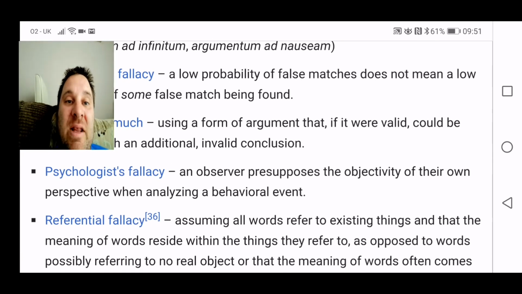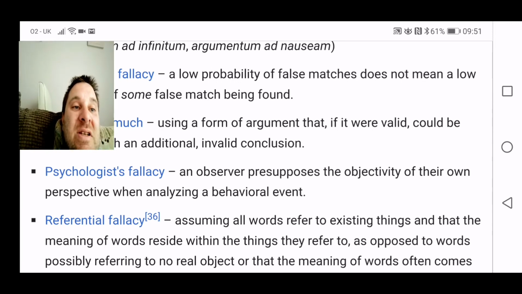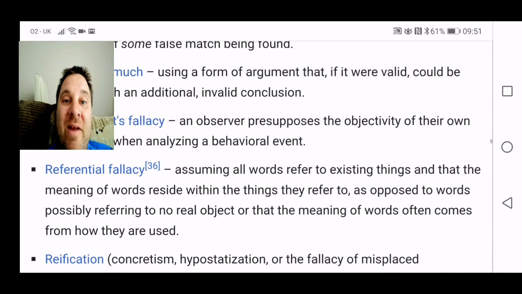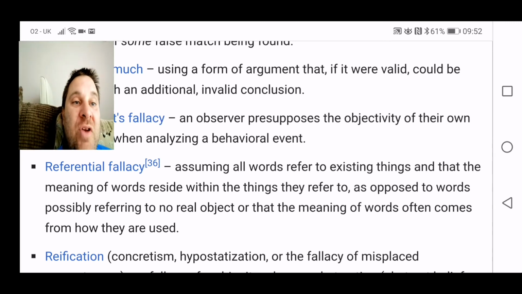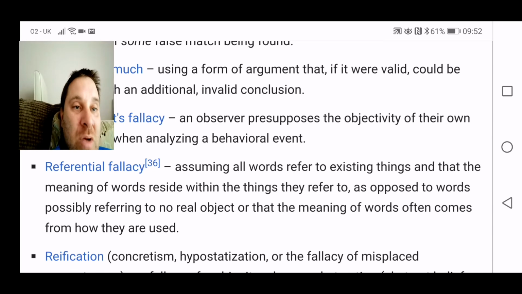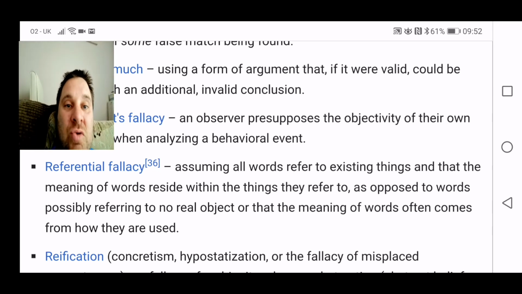Psychologist's fallacy. An observer presupposes the objectivity of their own perspective when analysing a behavioural event. Referential fallacy, assuming all words refer to existing things and that the meaning of words resides within the things they refer to, as opposed to words possibly referring to no real object, or that the meaning of words often comes from how they are used.